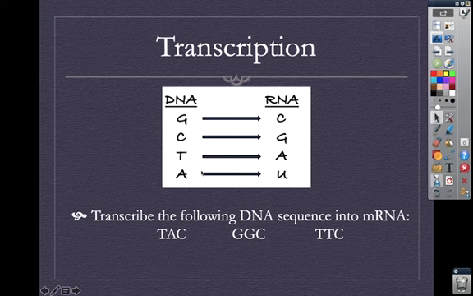So first, pause your video, copy down the slide. You need to make sure that you know what DNA codes for. So if there's guanine in DNA, what does it code for in RNA? If there's cytosine in DNA, what does it code for in RNA? And so forth. So pause the video, copy down the chart and the example, and then when you're ready, resume the video.